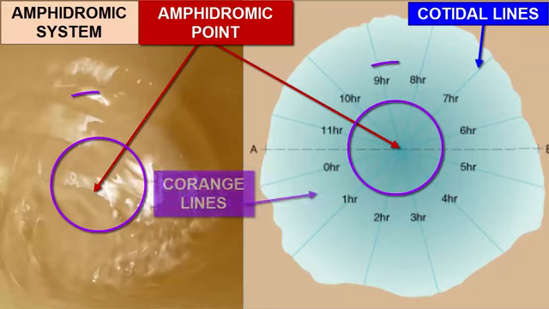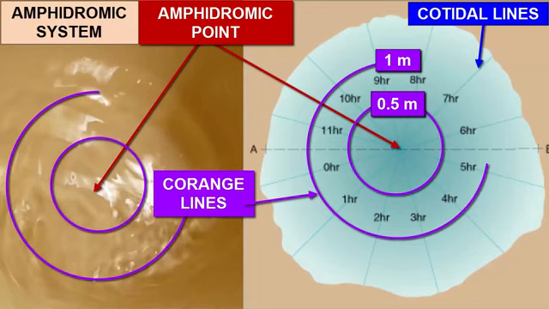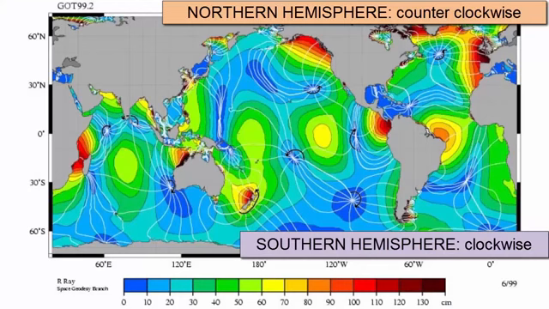The concentric circles are called co-range lines because everywhere along each circle locations are equidistant from the center of the bucket, the amphidromic point, and therefore they experience the same difference between high tide and low tide, or the same tidal range.